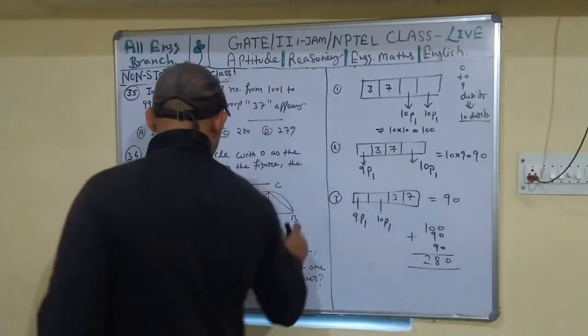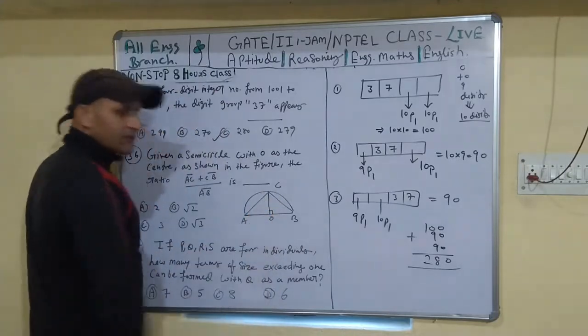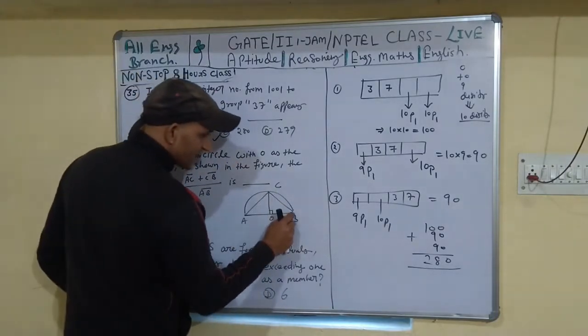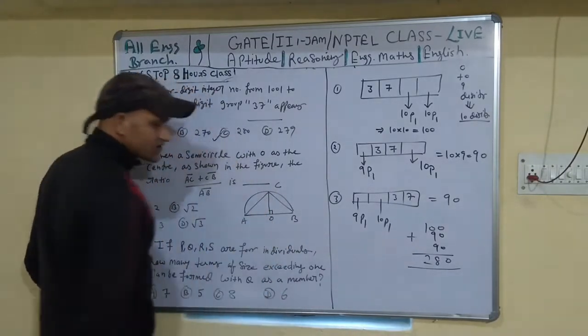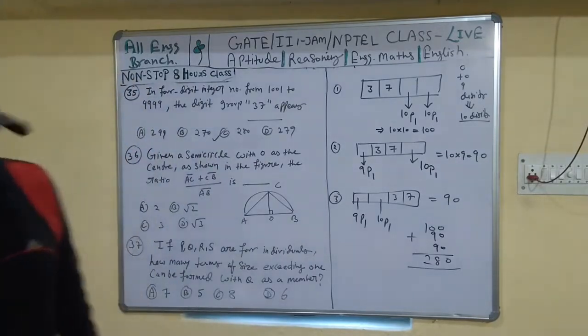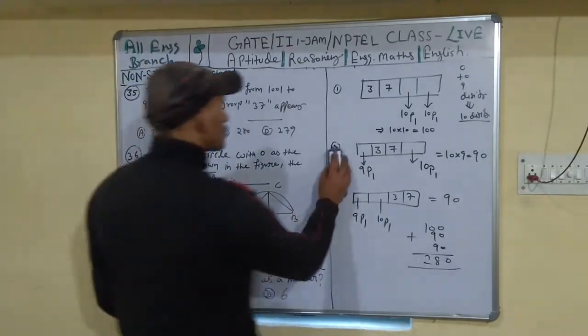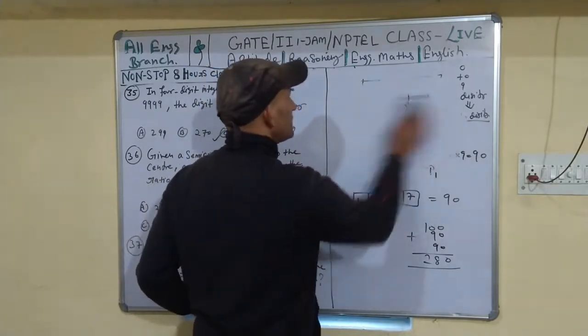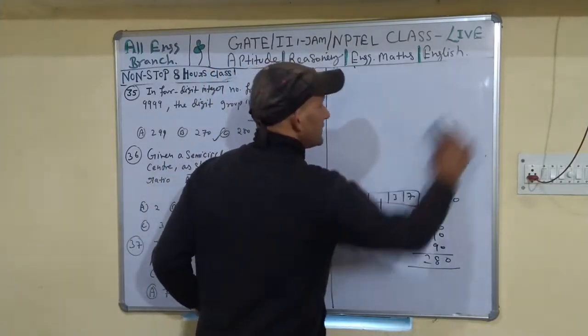That is the semicircle, that is perpendicular, that is the chord, and that is the diameter of this circle. I will solve this problem here. This is very simple.